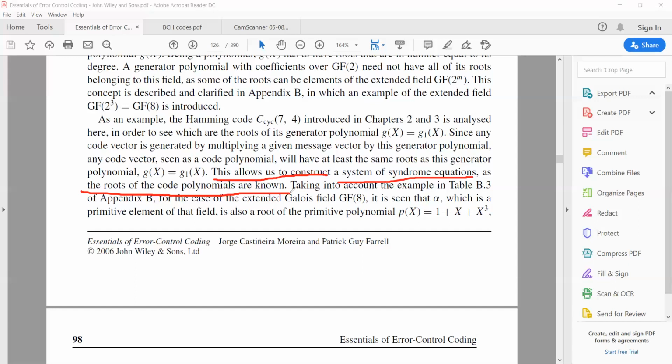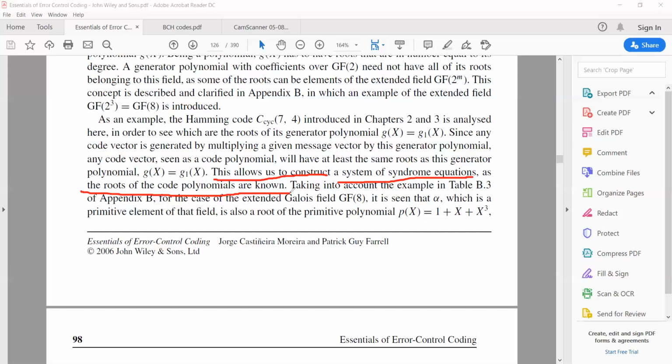Have you understood that we are generating the code polynomial by multiplying the generator polynomial with the message polynomial? So the roots of the generated code polynomial will be almost the same as the roots of the generator polynomial. When a code is transmitted, we already know the roots of the generated code.